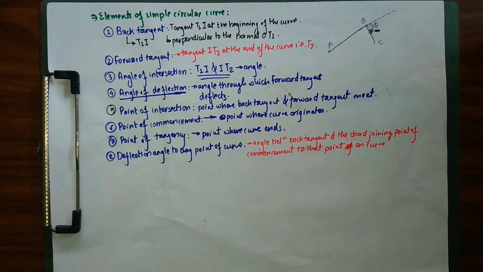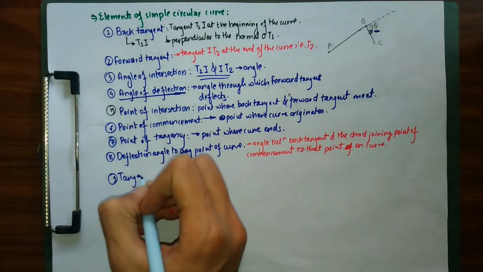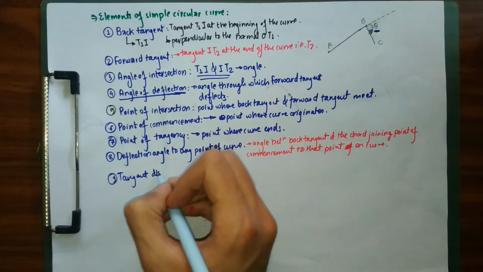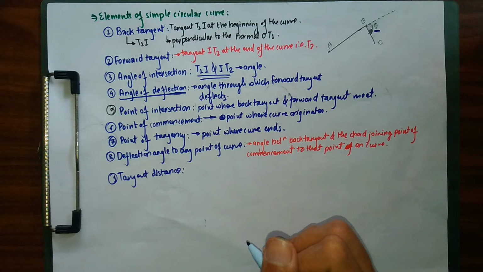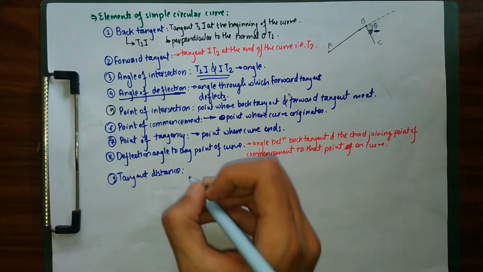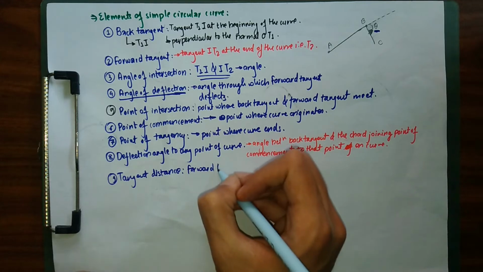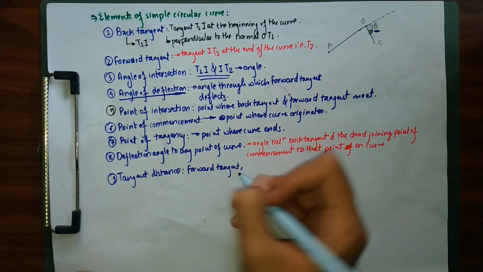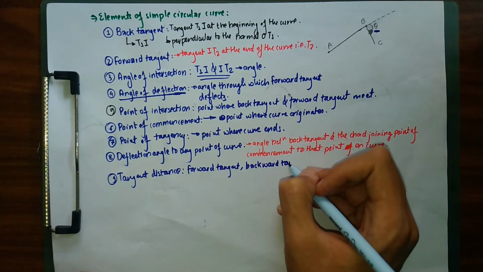Now in number 9, we have the tangent distance. Previously we talked about our forward tangent and backward tangent.